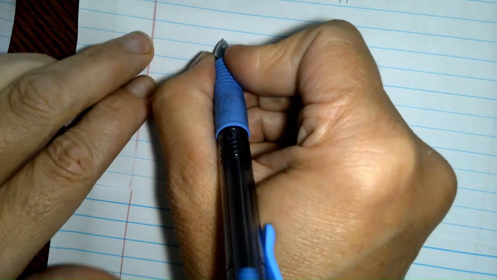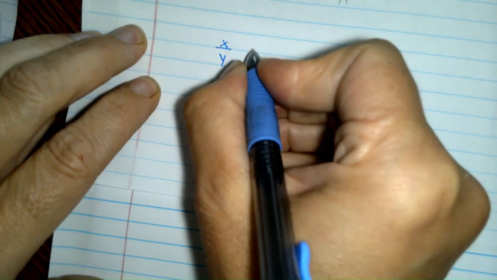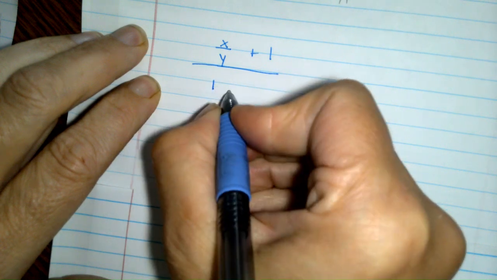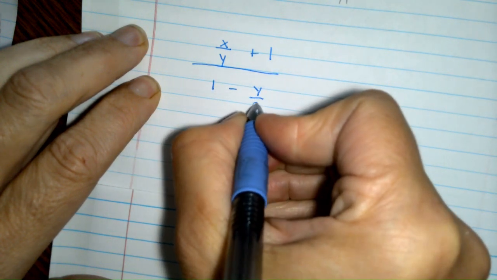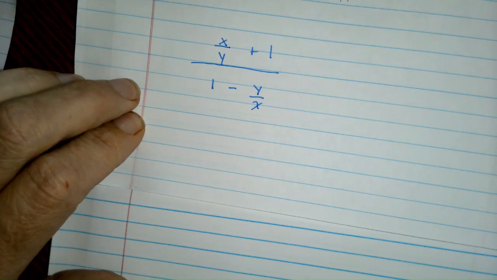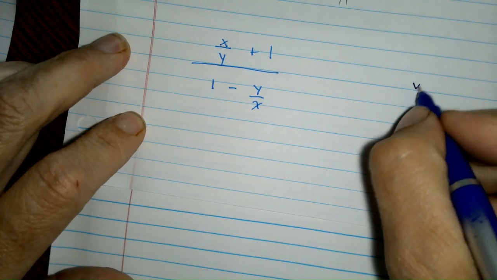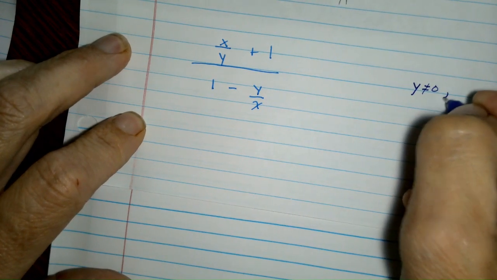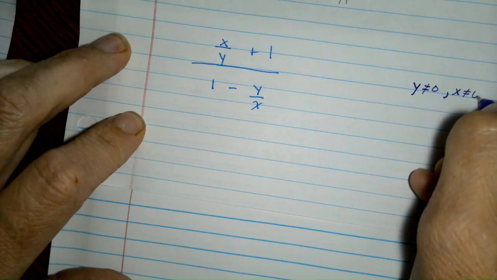So this problem is going to read x over y plus 1 over 1 minus y over x. Now right here we notice that y cannot be 0 and that x cannot be 0.